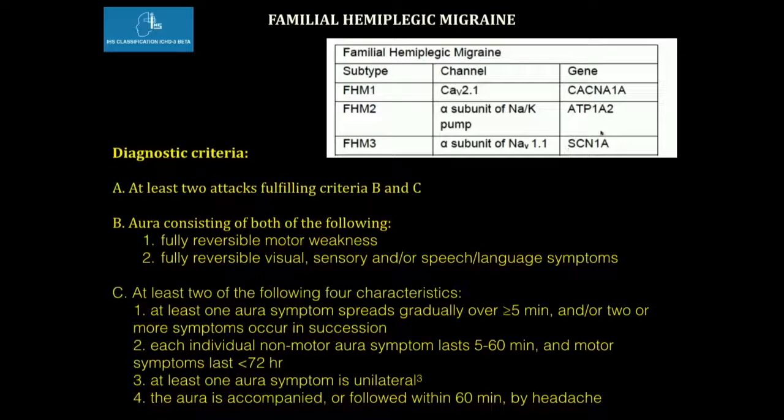This is the less important of the three. Most of the patients have mutation on either of these two genes. The attacks are like attacks of severe migraine, but the aura, which means the visual manifestations or the motor weakness, is much pronounced and may reach very severe levels of disability, which can last for hours.